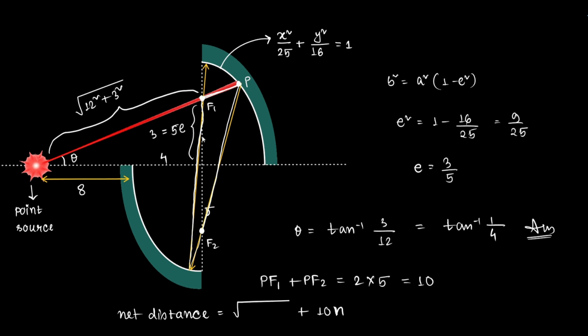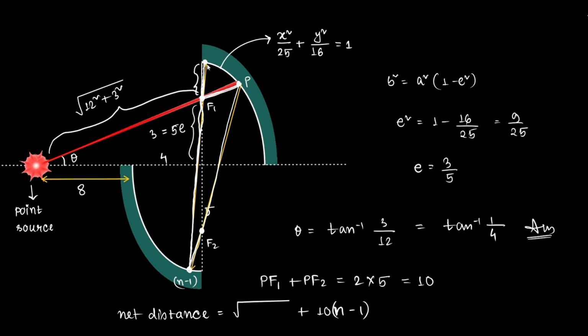So this is 10, this is 10. Suppose this is the (n minus 1)th reflection. So this covers a distance of 10 times (n minus 1) from here to here.